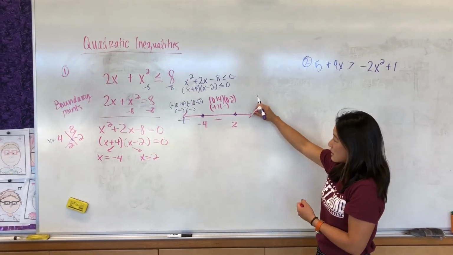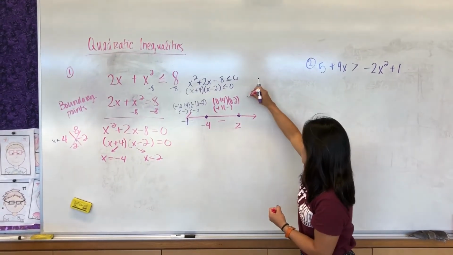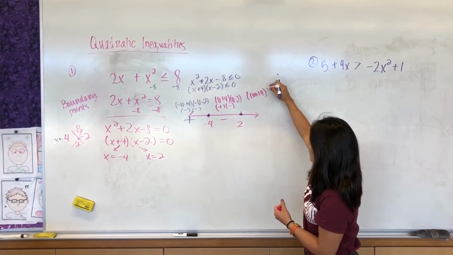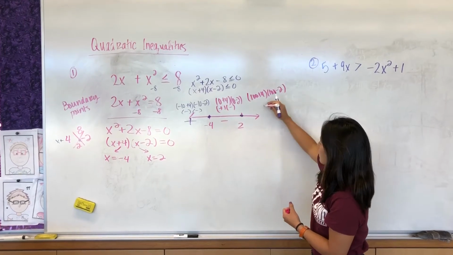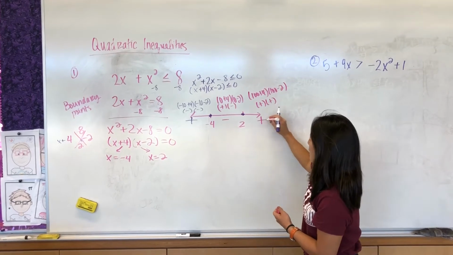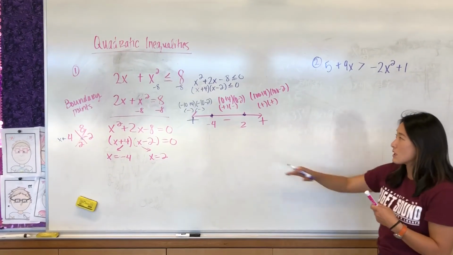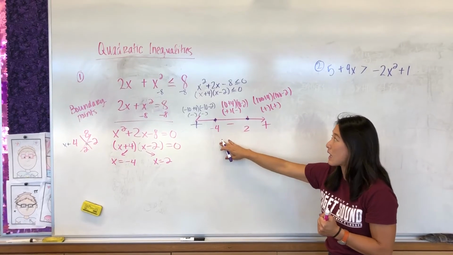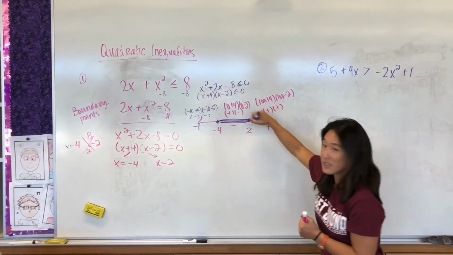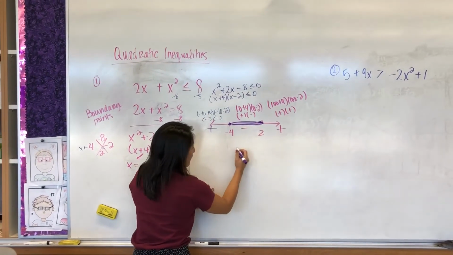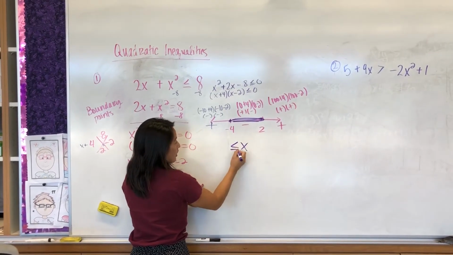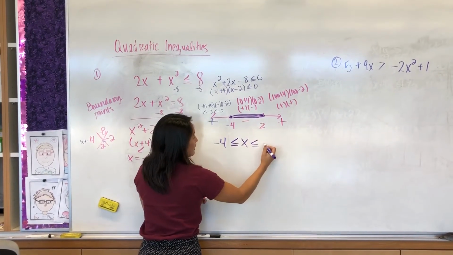Lastly, we test in this section beyond 2, so let's use 100. 100 plus 4 is a positive number, and 100 minus 2 is a positive number, so that again gives me a positive. So which of these sections is less than 0? Oh, this one. Okay? So the values of x that give me a negative output are from negative 4 to 2.